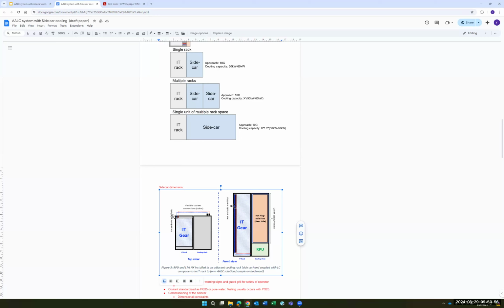You cannot change the depth, because the depth is defined by the cold aisle and hot aisle. The depth has to be in a very close relationship with the IT gear, so that you don't interfere with any other hardware, because the data center was initially designed for the IT gear itself, the rack itself.